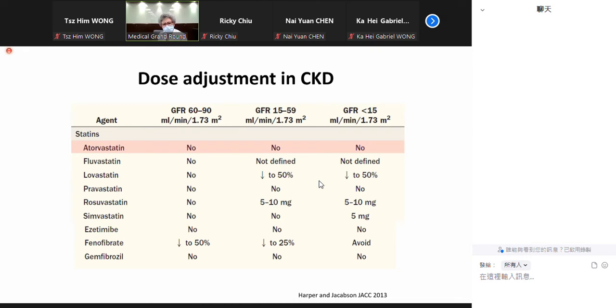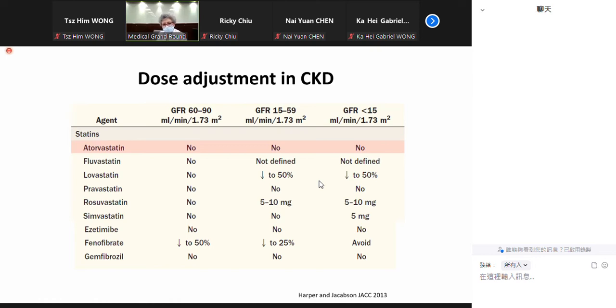For me, I only use 5 to 10 milligram because they are very potent anyway, and also because of their renal clearance, because they depend on the kidney to be excreted. So in patients who have renal disease, you also have to be careful and adjust the dose.